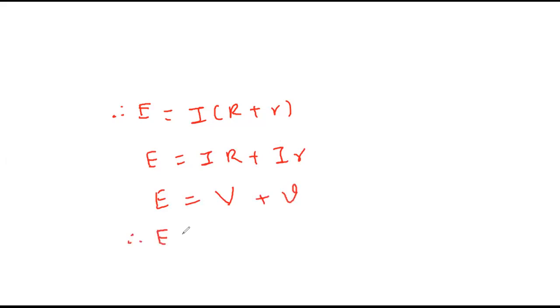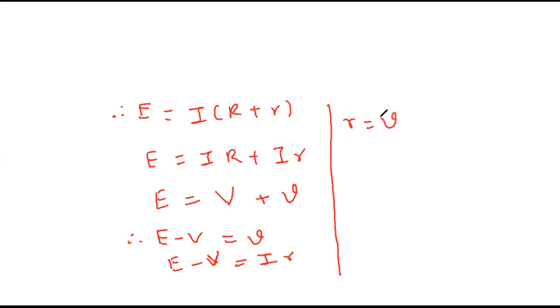So E minus V equals small v, which is I into small r. So internal resistance, if you have to find, is small v upon I, or the difference of potential of EMF and terminal voltage divided by I. Don't remember so many things for the exam. This is sufficient. When required, we'll arrange. But if they say show that small r is E minus V upon I, then you proceed.